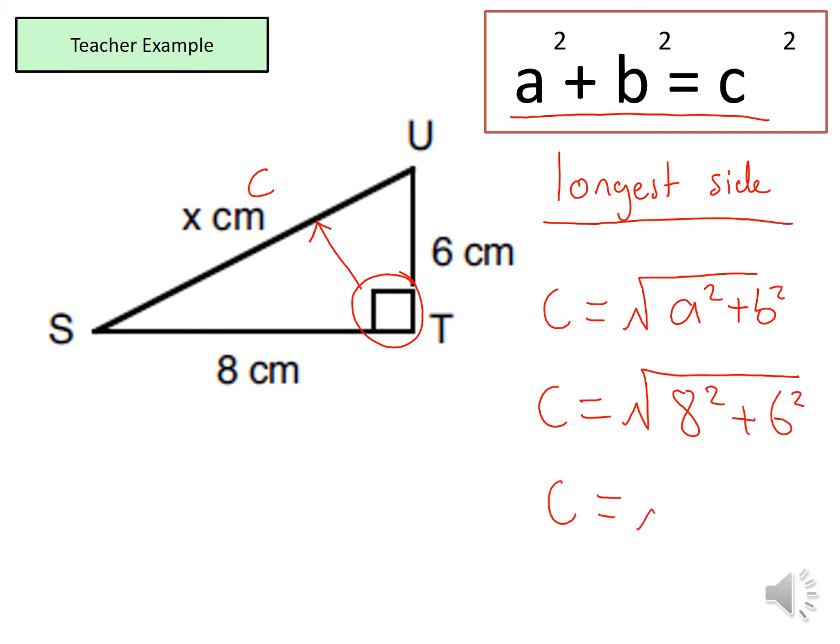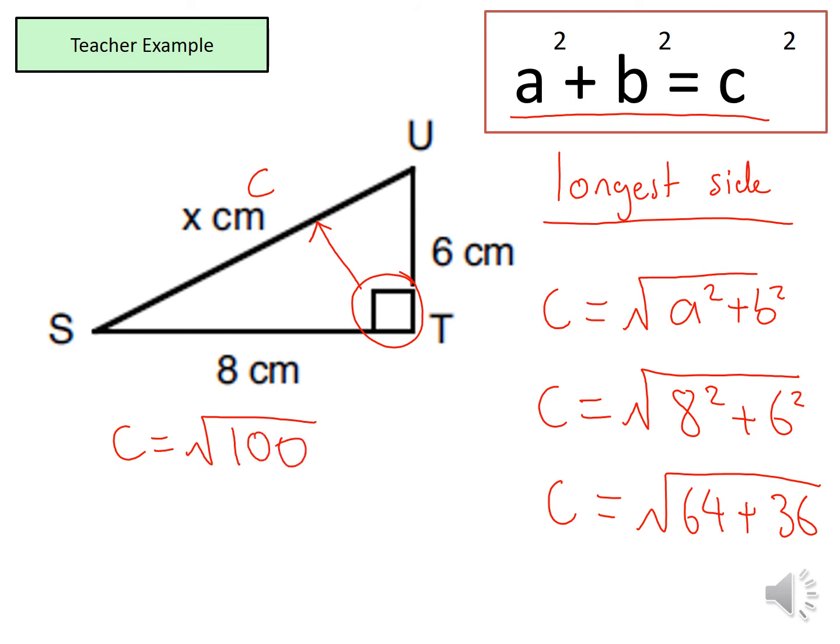C equals the square root of 8 times 8, which gives you 64, and 6 squared gives me 36. Now we add them up, and C equals the square root of 100. The square root of 100 is 10, so C equals 10. We need to remember our units, centimeters. So the longest side for this example is 10 centimeters.